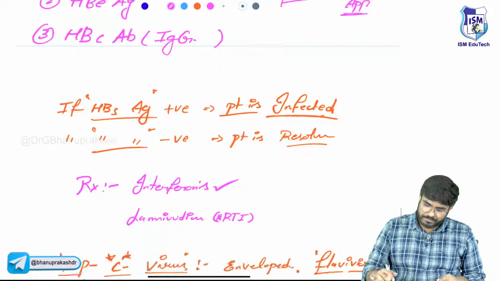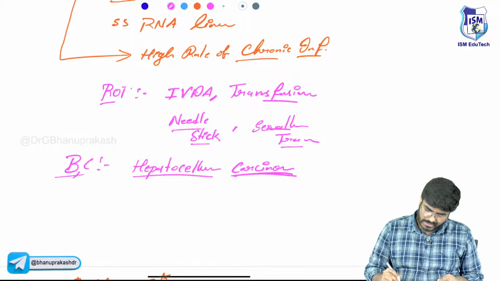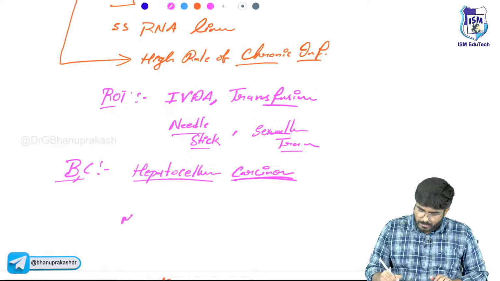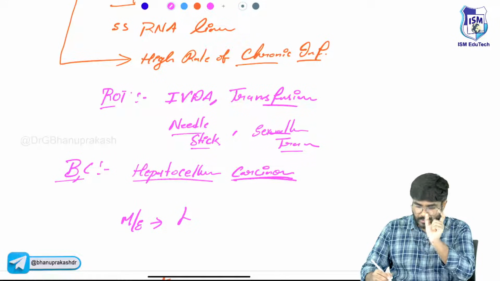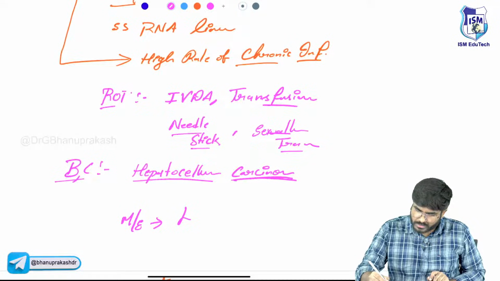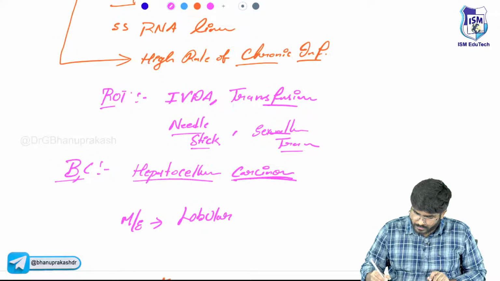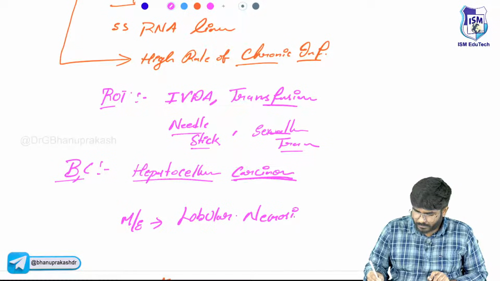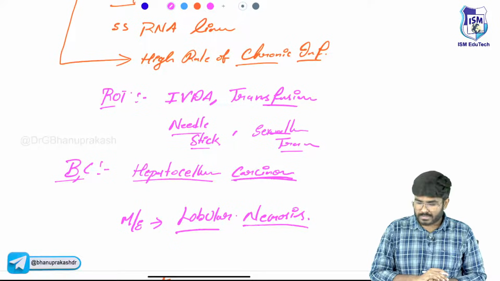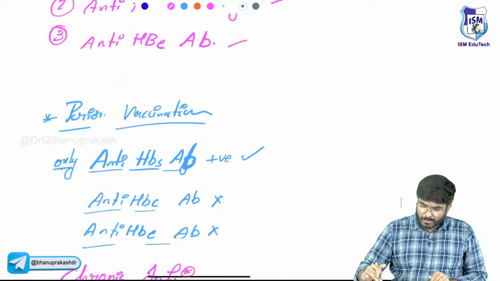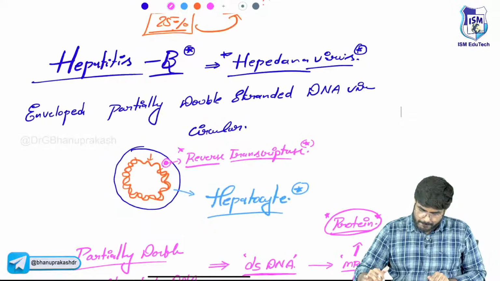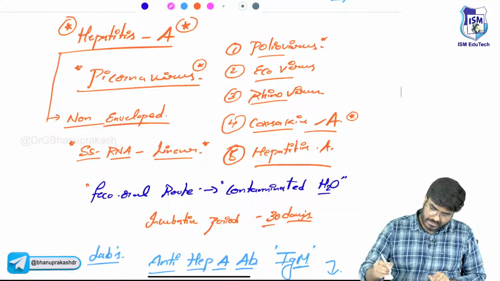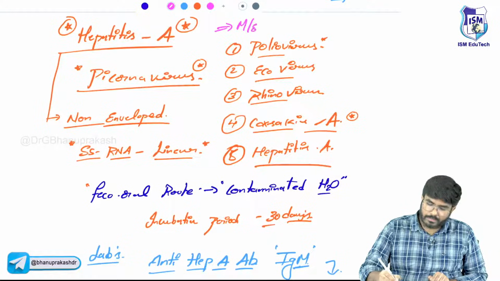In hepatitis C, on microscopic examination, there will be panlobular necrosis in the liver lobules. Next, in hepatitis A, if you look at the hepatocytes under the microscope, there is going to be ballooning degeneration.